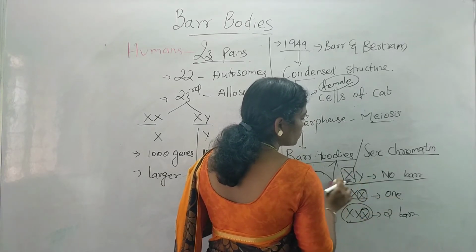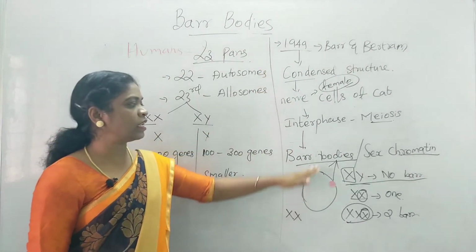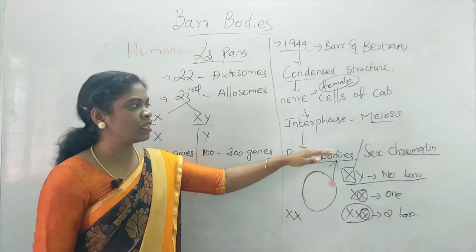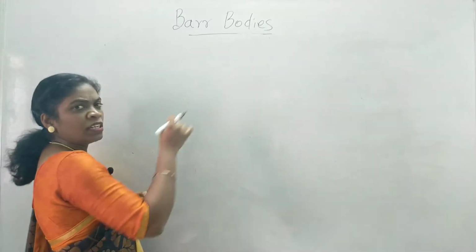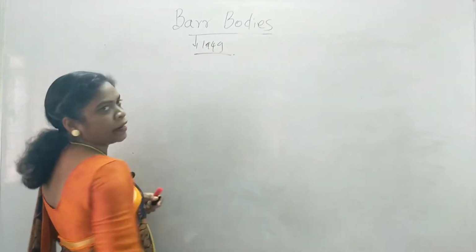In the case of a male, there is only 1 X chromosome. This is what Barr and Bertram observed and reported, and they named the structure Barr bodies and sex chromatin.